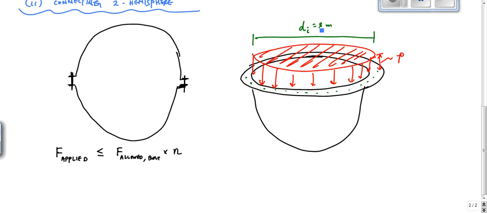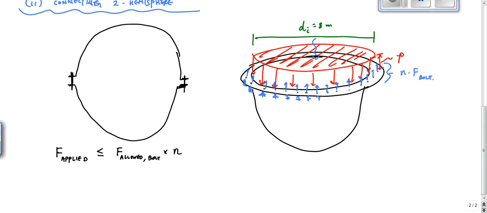That means the force resultant of all this pressure has to be equal to the resultant tension in the bolts. I should have drawn those arrows right here. The force resultant of each of these individual bolts added up is N times the force in a bolt.